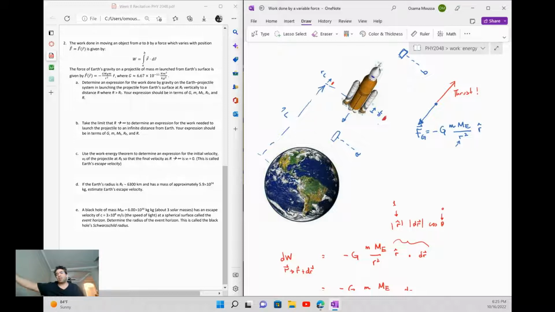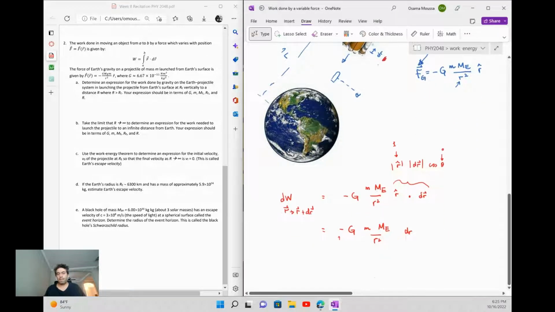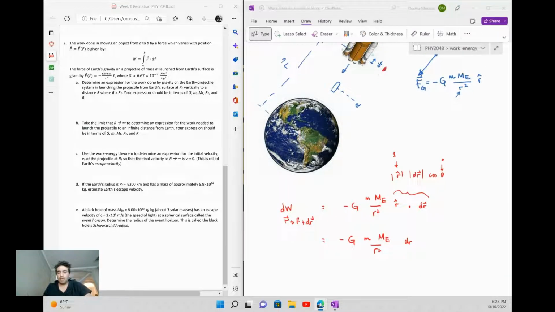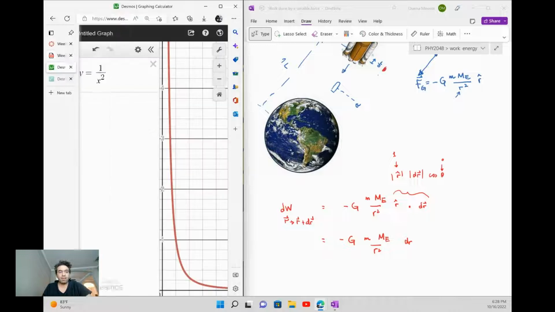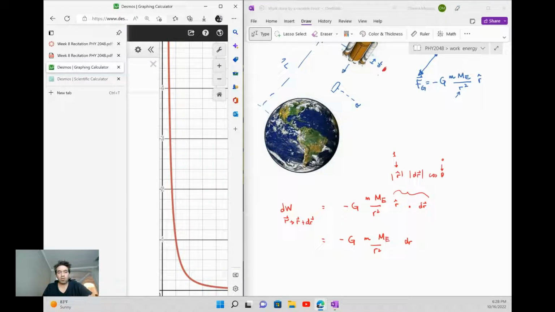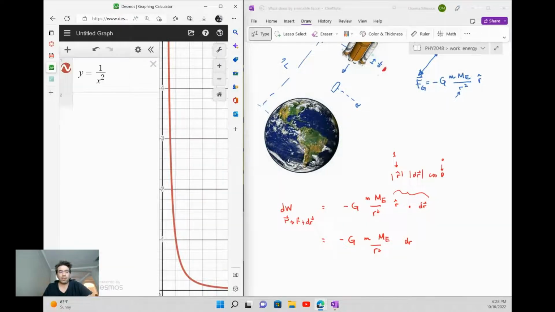That might be speeding the rocket up, is doing positive work. Now, in essence here, if I look at what we've done, suppose I plot this force, a force that goes as 1 over x squared, or 1 over r squared.